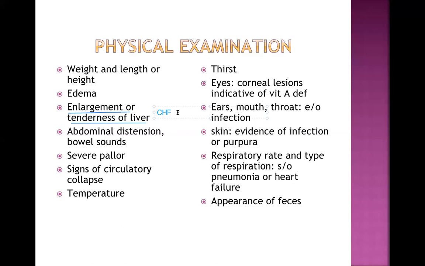And one of the very important features of heart failure in children is congestion of the liver. Now, when liver is congested, it will become bigger and it will be tender as well. So this is how you can explain.